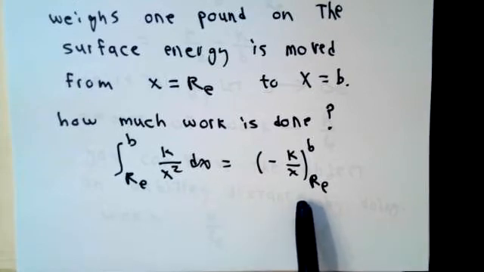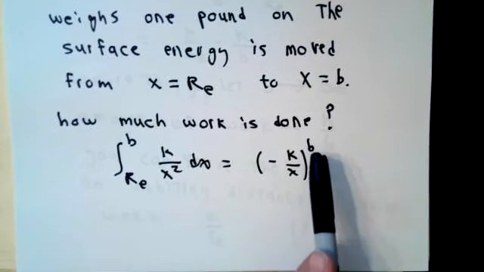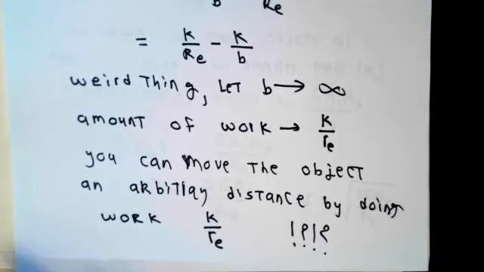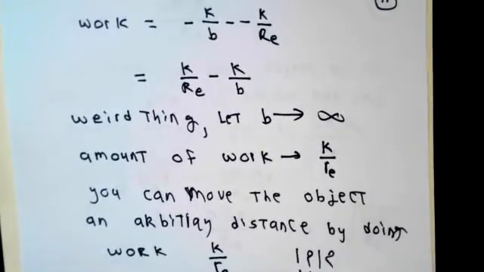Antiderivative is negative k over x. I have to evaluate that between b and the radius of the Earth. Simplifying the algebra, the work needed turns out to be the constant k divided by the radius of the Earth minus that same constant divided by b.